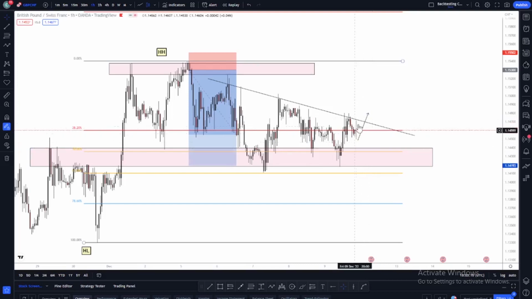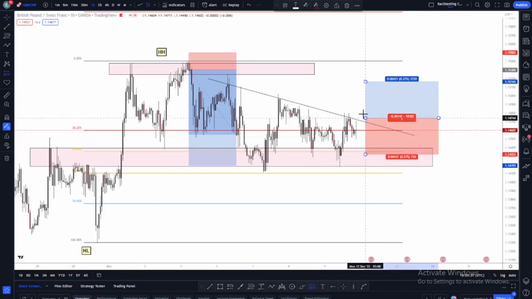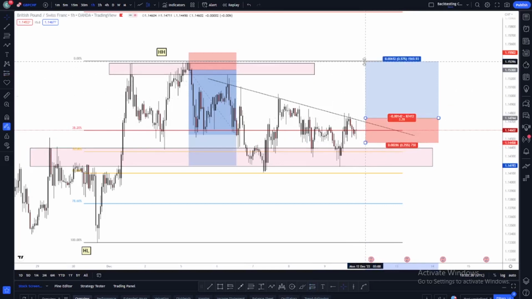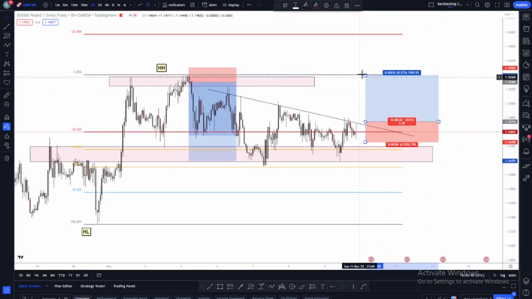If price breaks above or closes above our trend line, we'll be looking for buys next week, or price will still continue its trend to the upside next week. And I'll take profits. Our first take profit will be around our 0% level, or our higher high level.